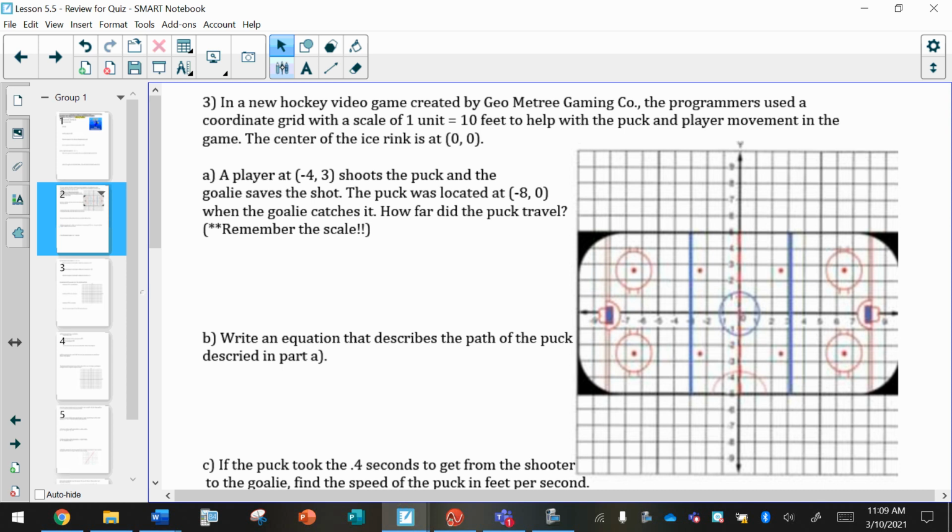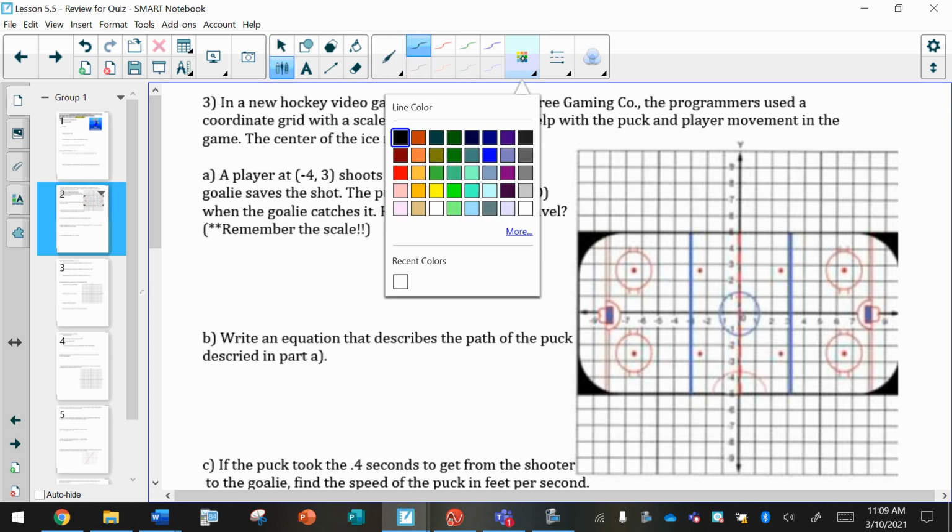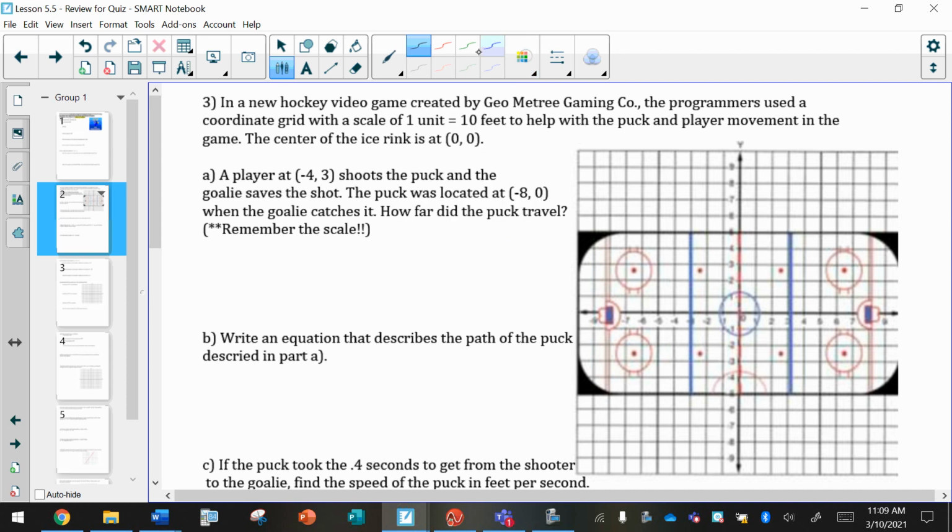So that would convert into our real life units. If we were at the point -4, 3, that's going to convert to an actual location of -40, 30, dealing with our scale factor. And the puck was saved or caught by the goalie at -8, 0, which would translate into -80, 0.